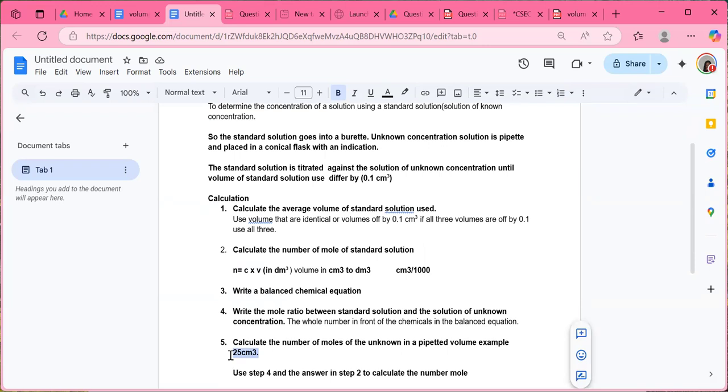What you are going to use is the mole ratio between the standard solution and the unknown, and the number of moles of the standard solution used. So you're going to use your mole ratio in step 4 and your answer to step 2, cross multiply to get the number of moles of the unknown.